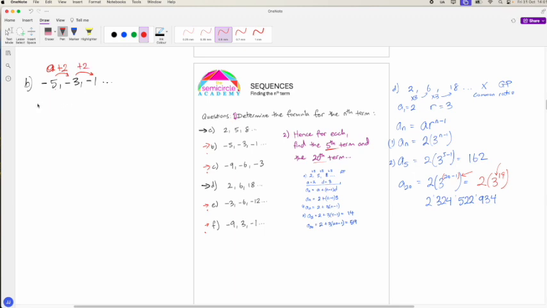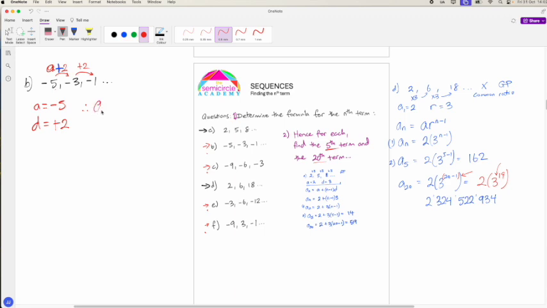So in this case, A is negative 5. And because this is a plus and not a multiply, this is an arithmetic progression. And this shouldn't be A comma, this should be A equals. For an arithmetic progression, we can see that the common difference here is plus 2.